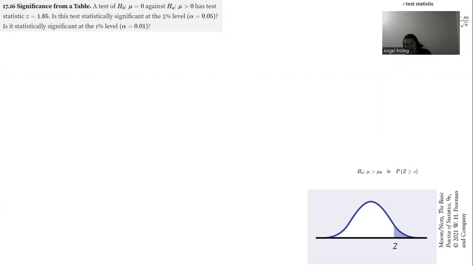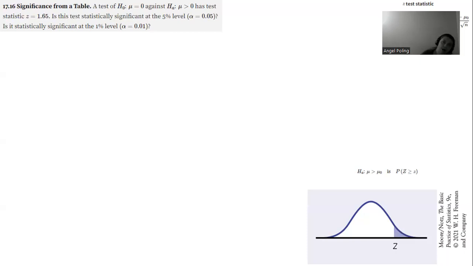Is the test statistically significant at the 5% level? That's alpha equals 0.05. And is it statistically significant at the 1% level?